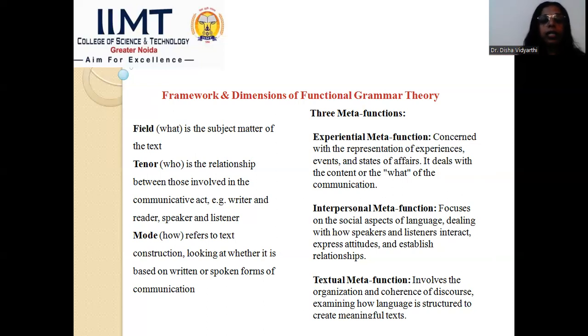Now see, the next is tenor. Who? It means to whom you're going to convey that, with whom you're going to have words. That interpersonal relation, that relationship with the listener, with the speaker, with the reader or the writer is very, very important. But in traditional grammar, it is not important. You have to be grammatically correct.